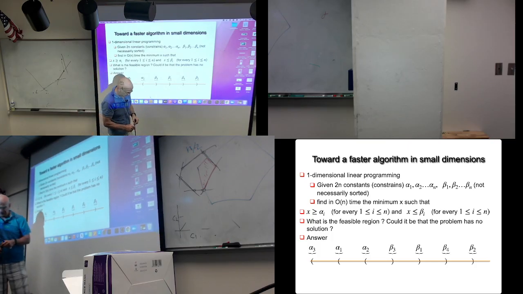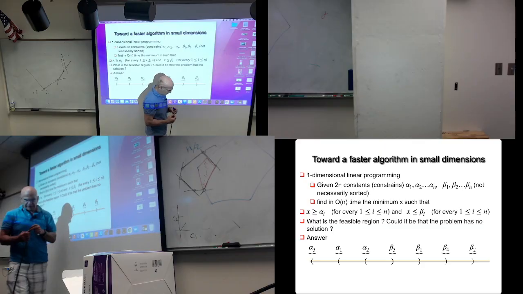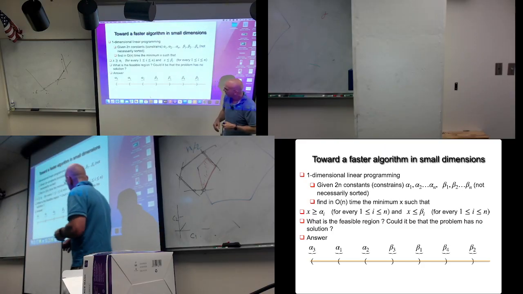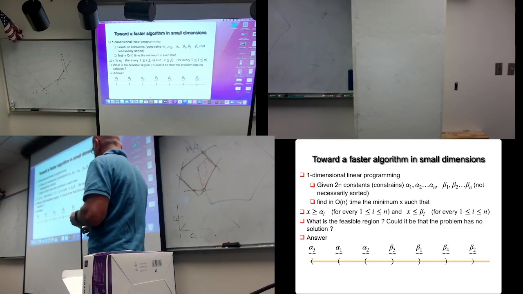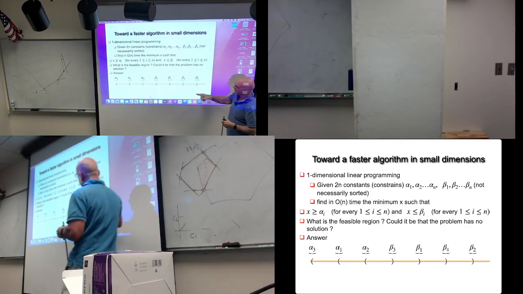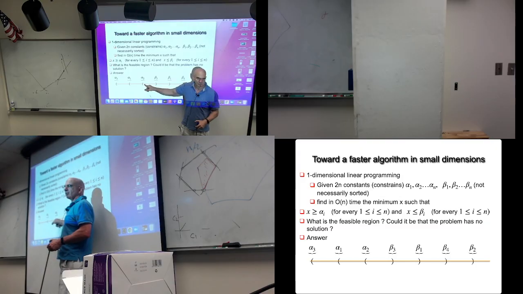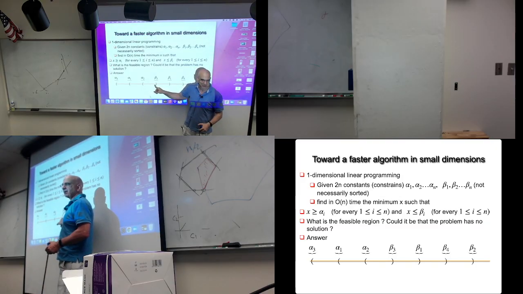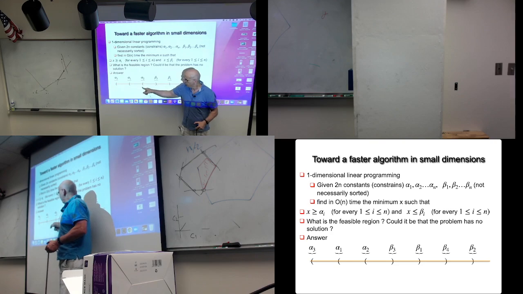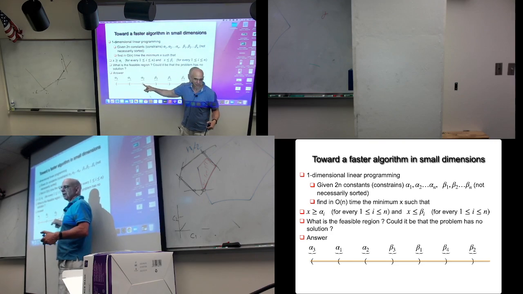I think that I understand, but what we are doing is we are looking for a solution that is larger than all the alpha i's, smaller than all the beta j's. So out of all the alpha i's, who really matters? The largest one.